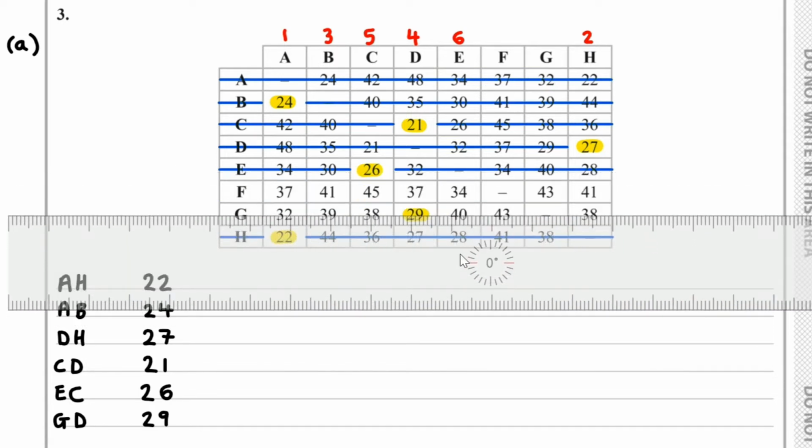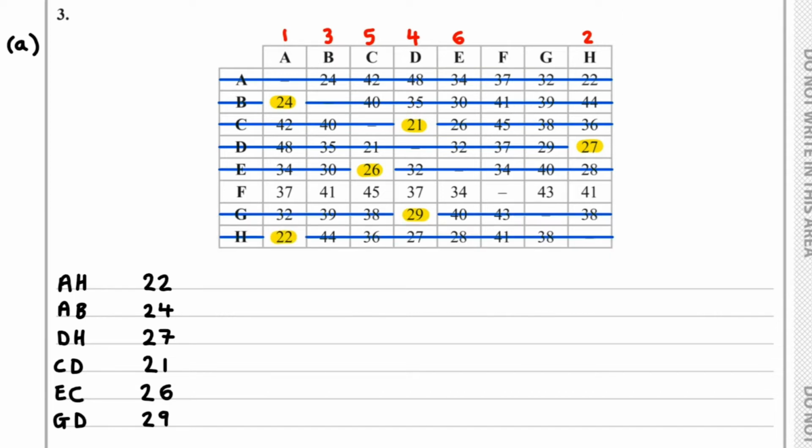We now delete row G and then assign a number 7 above column G. Looking down A, B, C, D, E, G and H, the smallest entry is 34.